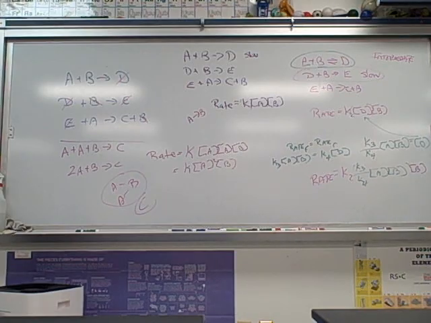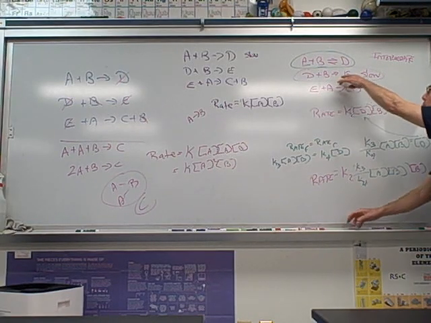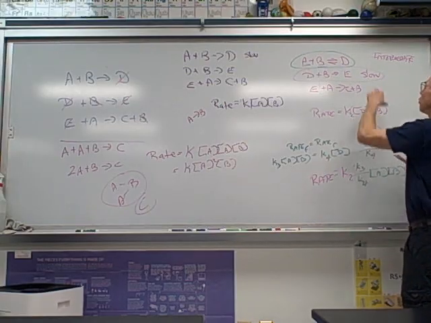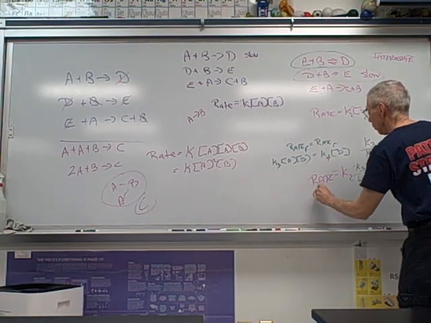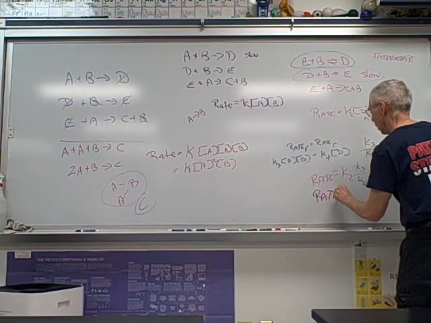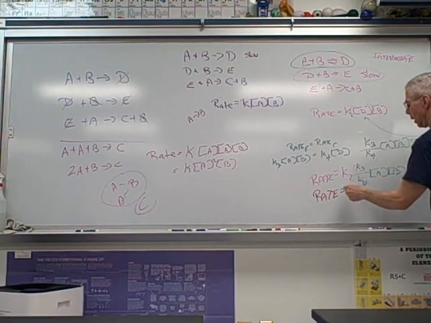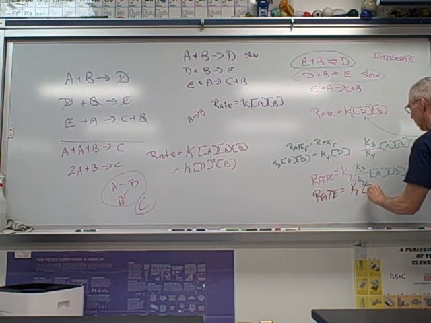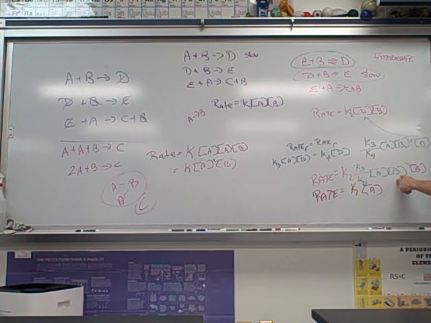So if this mechanism is true, fast equilibrium, slow step, then the rate would be k times k over k divided by k times k to k, which is still k, concentration A, concentration B, so concentration B, the quantity squared.